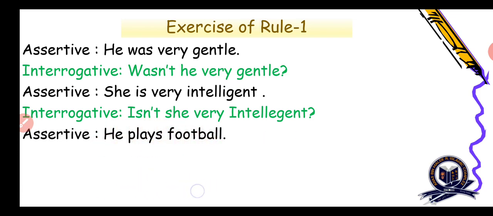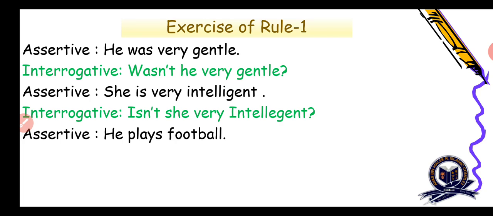He plays football. So dear students, here you can see this sentence doesn't have any auxiliary verb. Okay, but though this sentence doesn't have any auxiliary verb, we have to put an auxiliary verb at the beginning of the sentence.